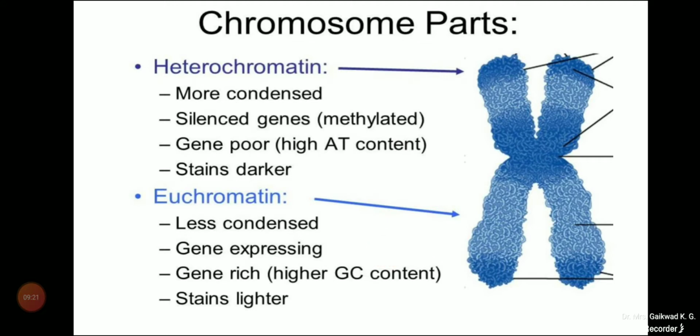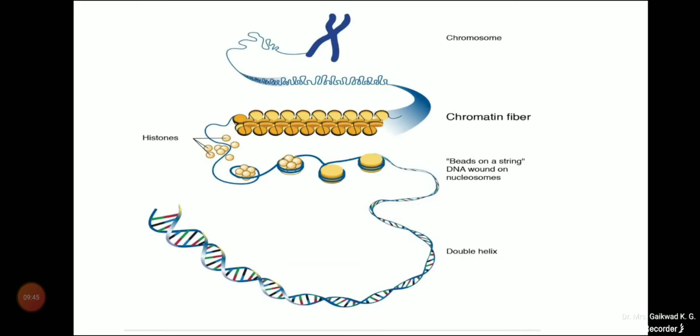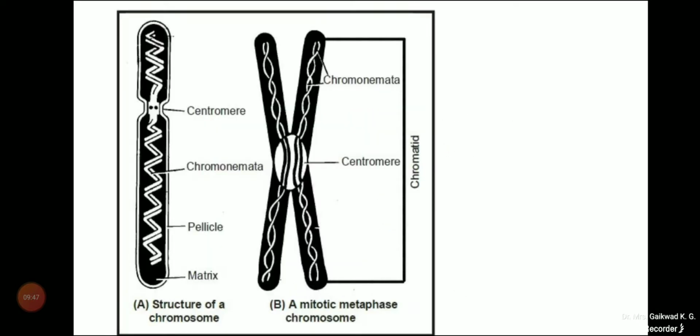Next, when the cell prepares to divide, the chromosomes coil and get condensed at the metaphase stage. They become distinct and can be clearly identified. We will study the detailed structure of this in the next chapters.